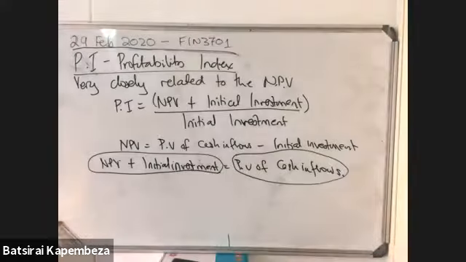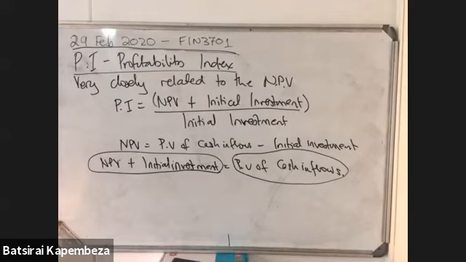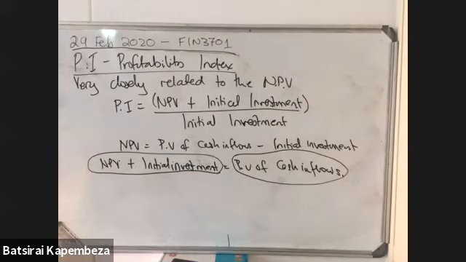So NPV plus initial investment is just the same as PV of cash inflows. So in a question, if they ask you to calculate the profitability index and they give you the PV of cash inflows, you can use that as the top part of the calculation. So always be on the lookout for that in the exam.